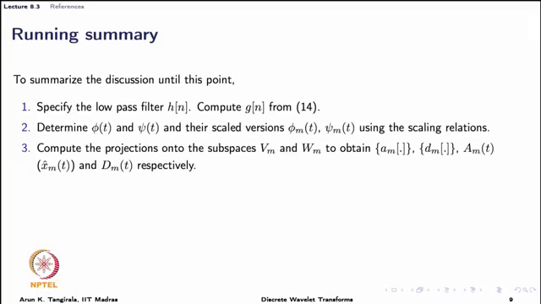So, let us move on with the 3 steps for computing DWT. As a user I specify the low pass filter, compute the high pass filter, and in the second step I compute the scaling function and the wavelet function as well as their scaled versions using the scaling relations that we had seen earlier.